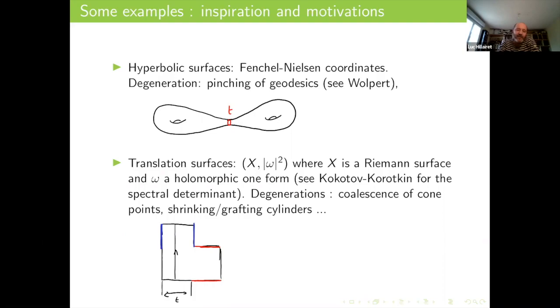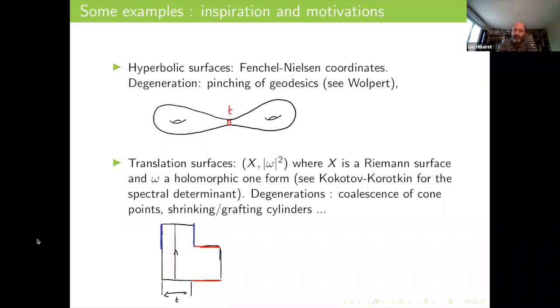Actually, when we started working on these questions with Chris, one motivation was that of translation surfaces. For a translation surface, you take a Riemann surface and a holomorphic one-form, and then you equip the surface with a flat metric with cone points, given by the modulus squared of the holomorphic one-form.